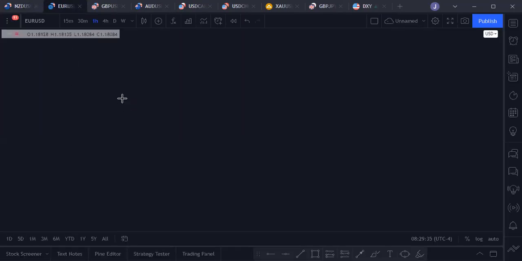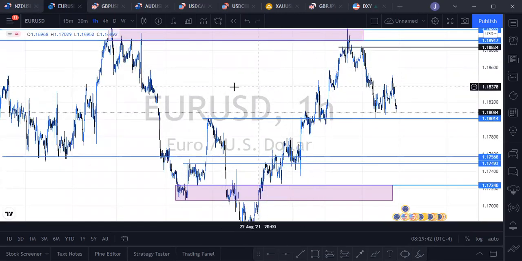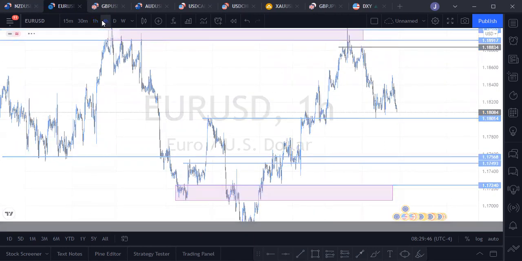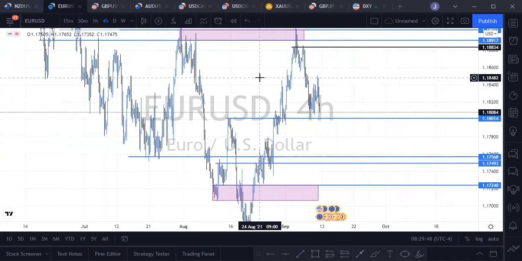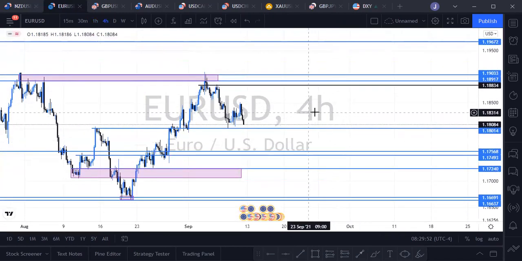All right, now here is another one, Euro USD. Here we have Euro USD. Okay, this is Euro USD. Let's go to H4. All right, this is Euro USD.